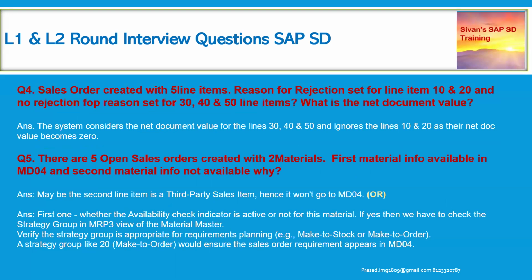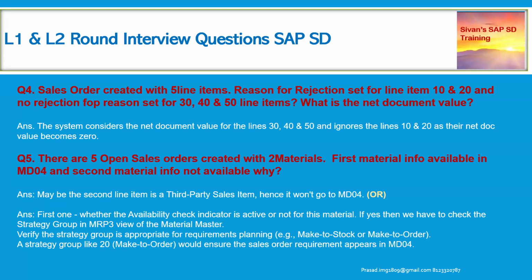A sales order is created with 5 line items. Reason for rejection is set for line items 10 and 20, and no reason for rejection is set for line items 30, 40 and 50. What is the net document value? Here, the system considers the net document value for line items 30, 40 and 50 and ignores line items 10 and 20, as their net document value becomes 0.